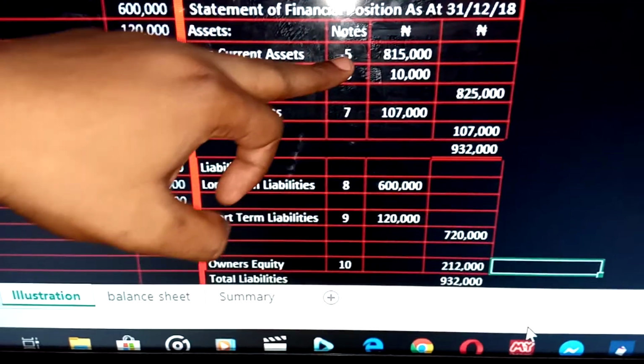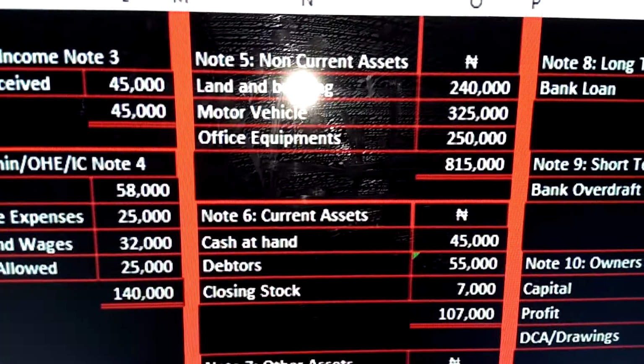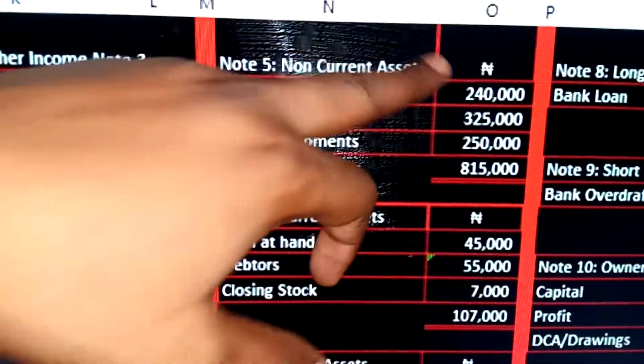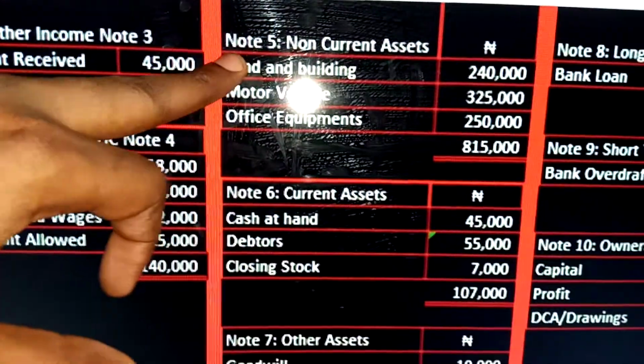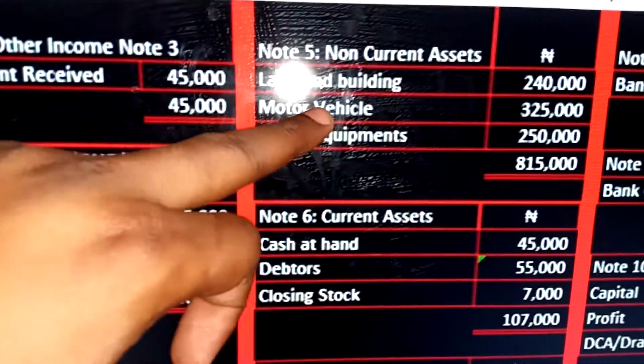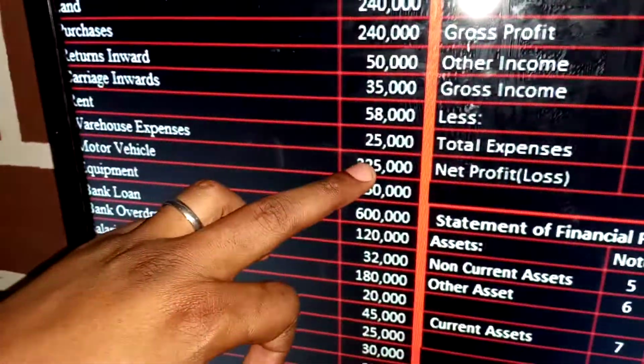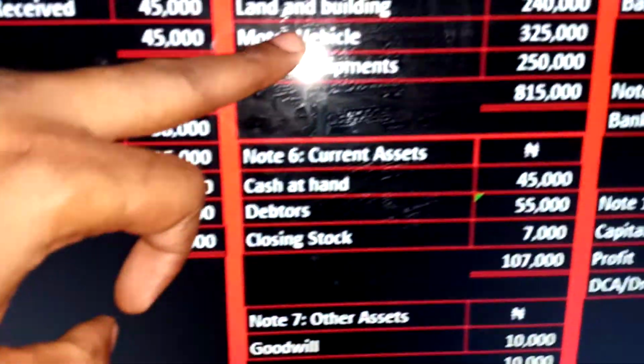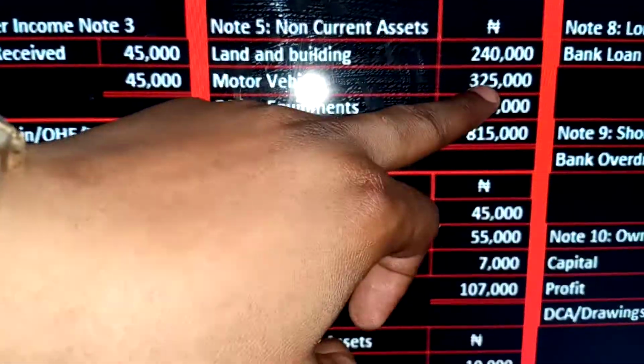So let's go here. So as you can see, note 5, non-current assets. What are the items? Land. Land from the question is 240,000. So that's why we're picking 240,000 here. Motor vehicle from the question here is 325,000. That's why you're having 325,000 here.